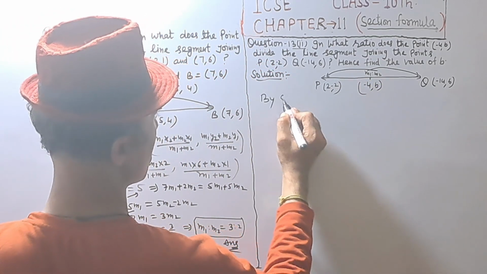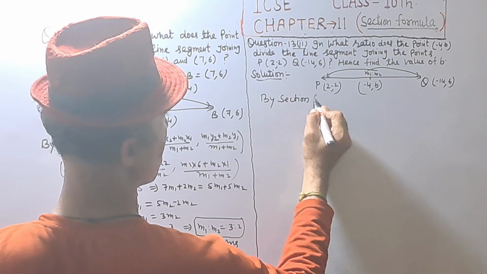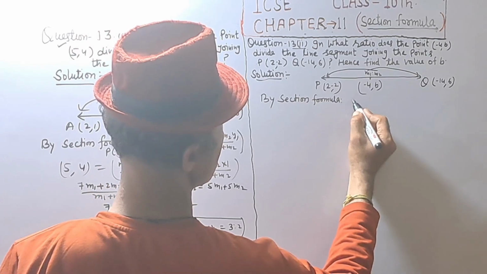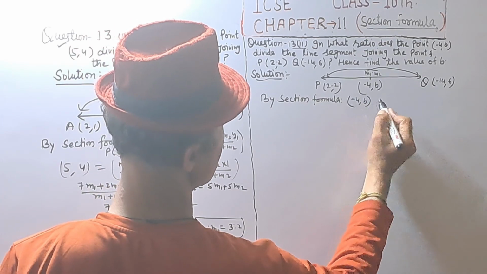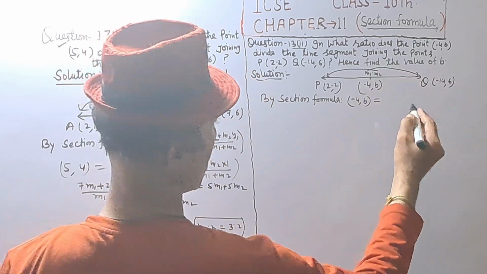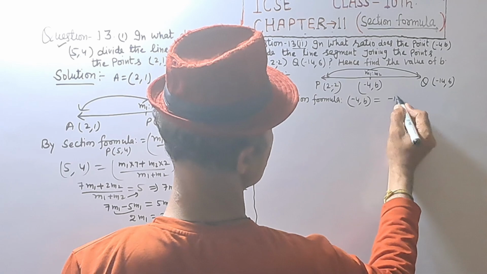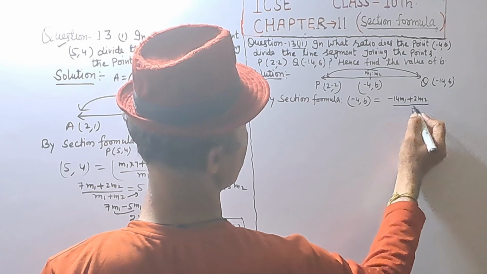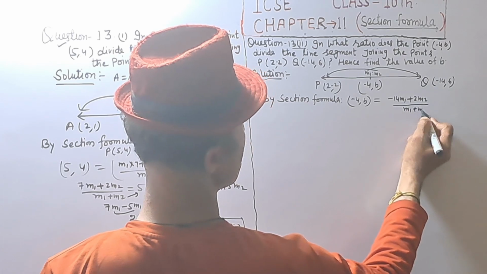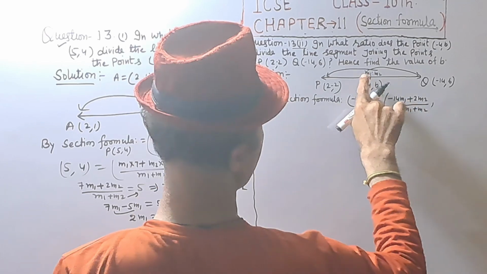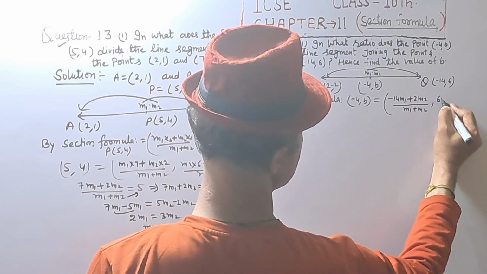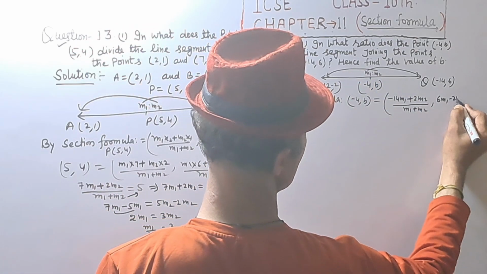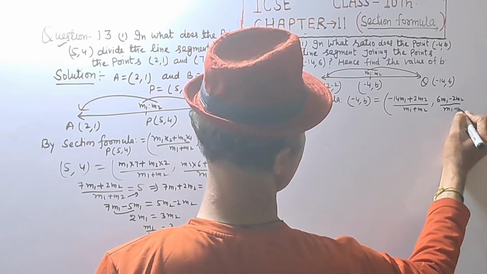By section formula, that is (-4, b) is equal to (M1x2, that is minus 14M1 plus 2M2) divided by (M1 plus M2), and (M1 multiplied by 6 is 6M1 plus M2 multiplied by minus 2, that is minus 2M2) divided by (M1 plus M2).